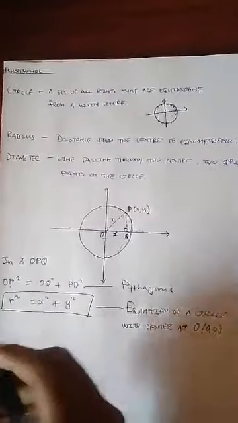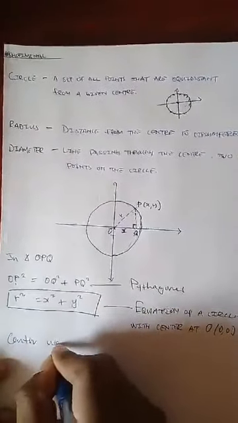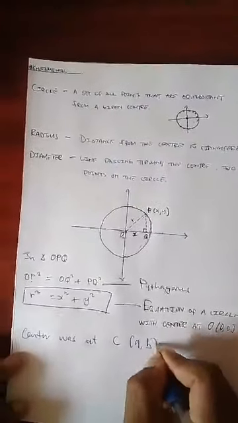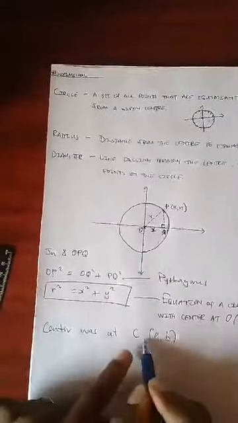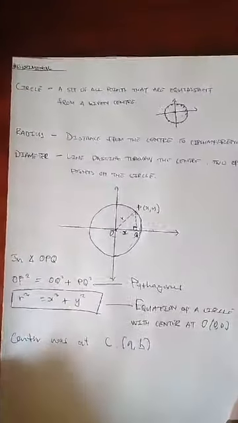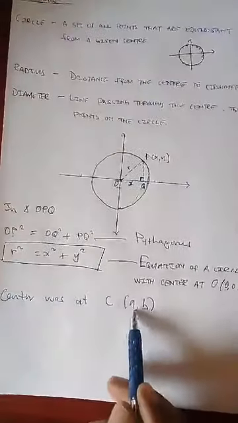Right? So now I can ask you a question and say, what if, let's say the center was at C, which is A, B. Because now the center is at O, which is 0, 0. So now I'm saying, what if the center now is at A, B?